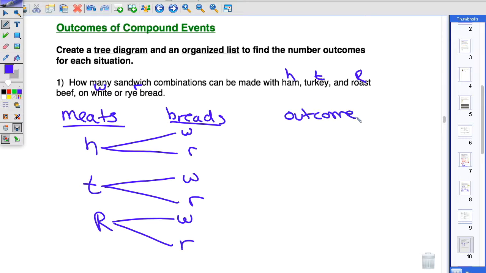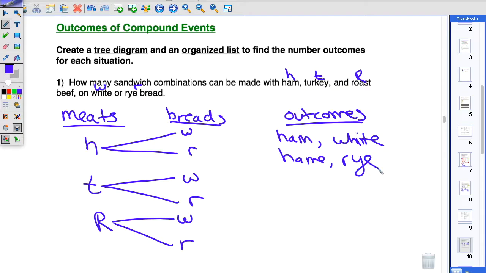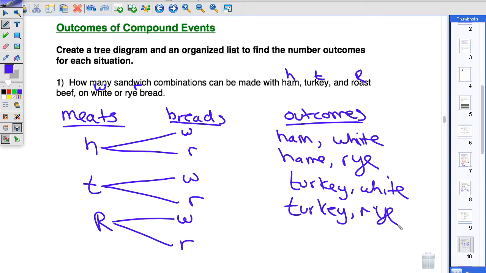So our outcomes would be ham with white, ham with rye, turkey with white, turkey with rye, roast beef with white, and roast beef with rye.